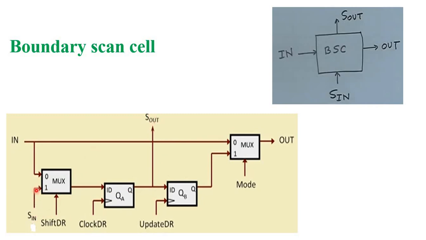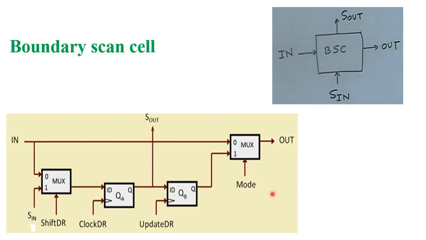So from S in to S out the signal is sent, that means bottom to top I can send the signal. And this shift register shifts the data to S out, and also this data is fed into the D flip-flop for the output purpose. If the mode of operation is equal to 1, whatever signal is fed in the D flip-flop is going to be sent to the outside. Like that, the boundary scan works.